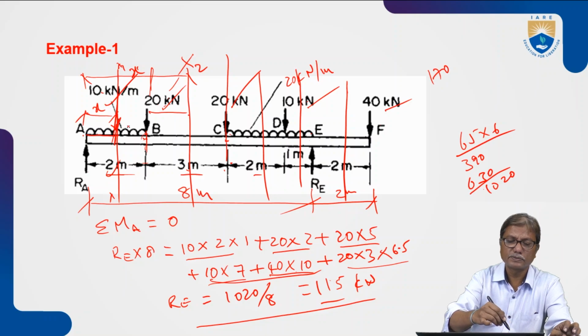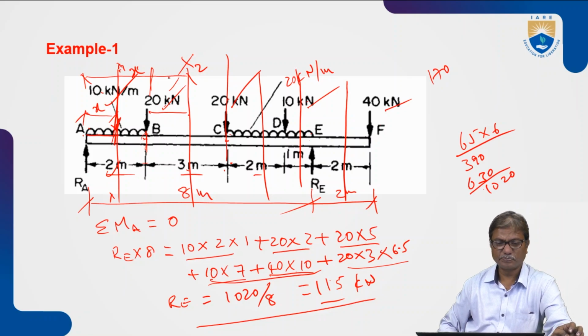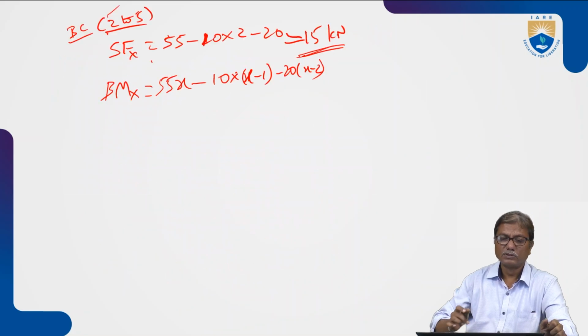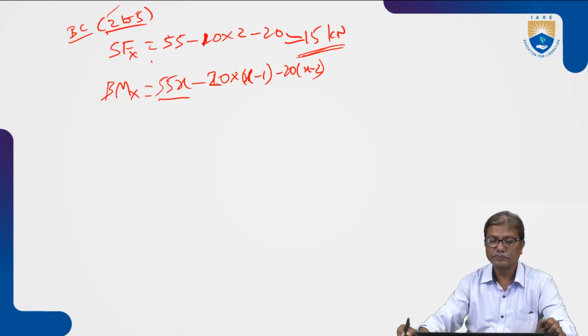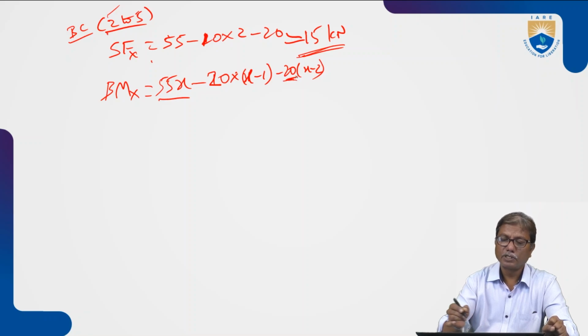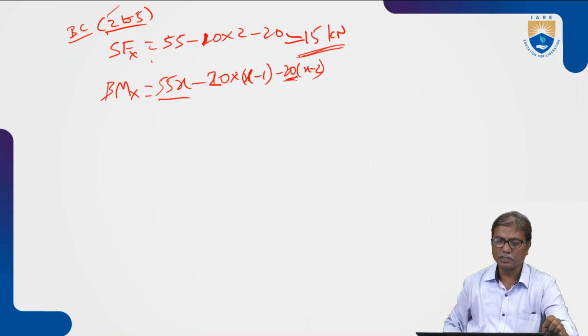What is the moment of this? 10 into 2, 20, into its distance x minus 1. Minus 20 into x minus 2, that is for the point load. And RA into x. So RA into x minus 10 into 2, 20, into its distance x minus 1. Next, point load 20 into its distance x minus 2.